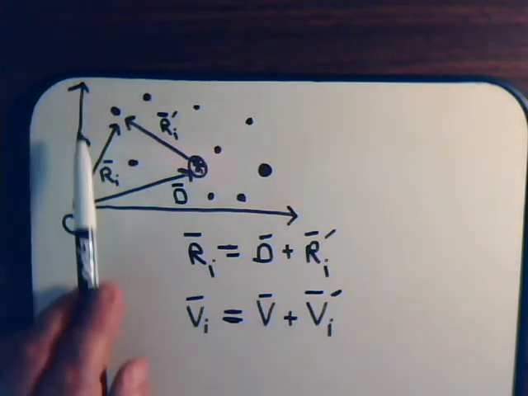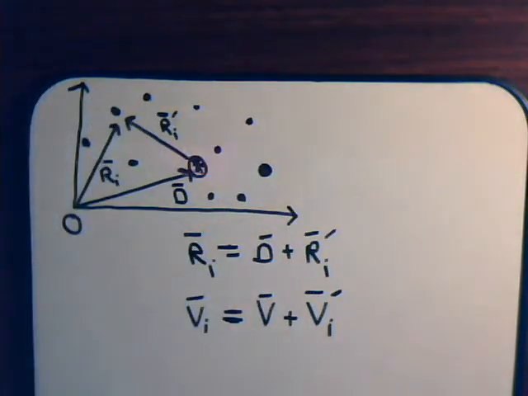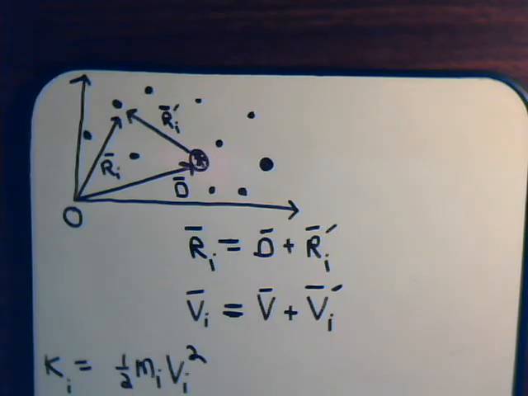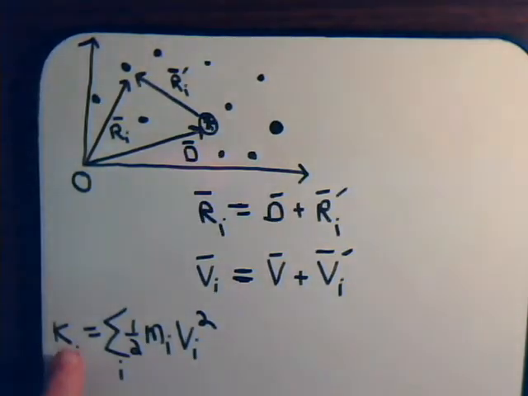Of course, the general formula for just one of these particles is 1/2 mi vi squared. And if we add it up for all of the particles in the system, that would be the total kinetic energy. That's our general formula for it, anyway.